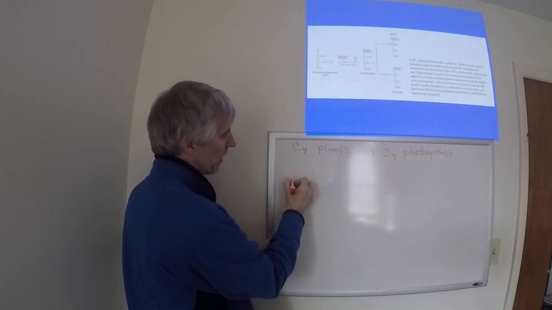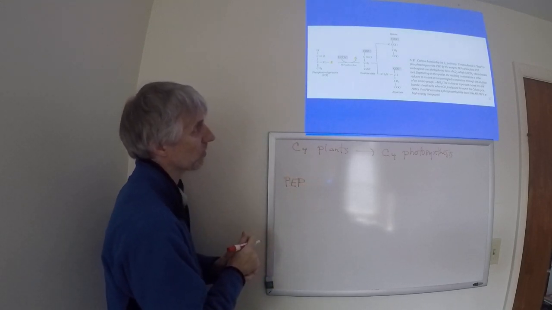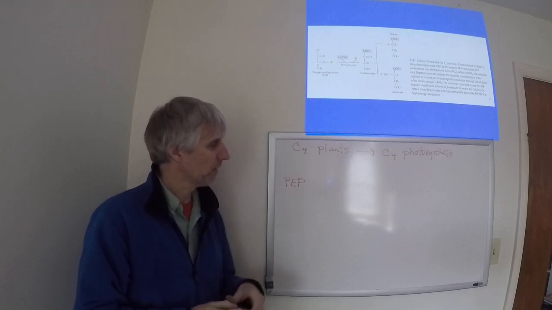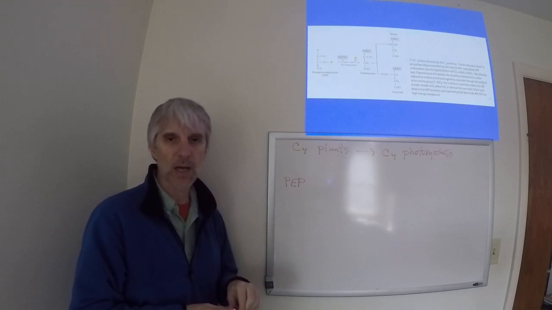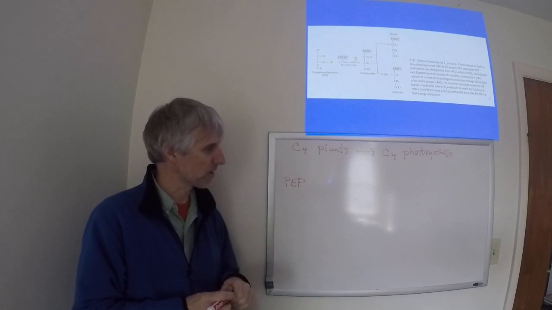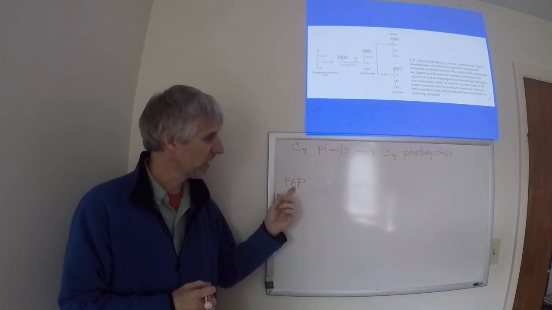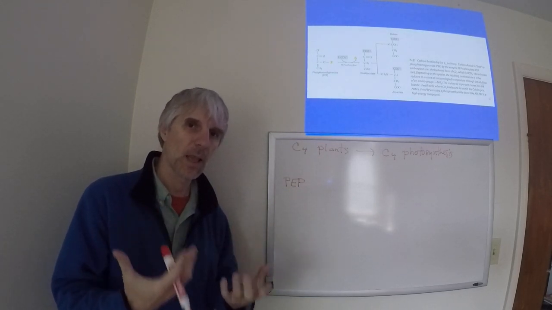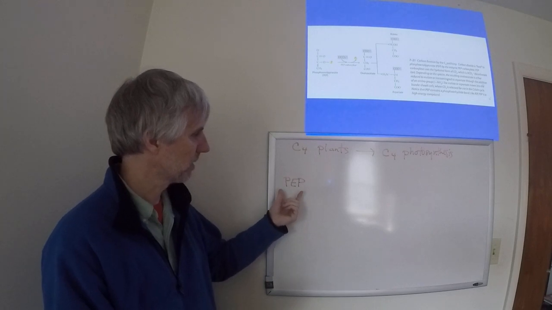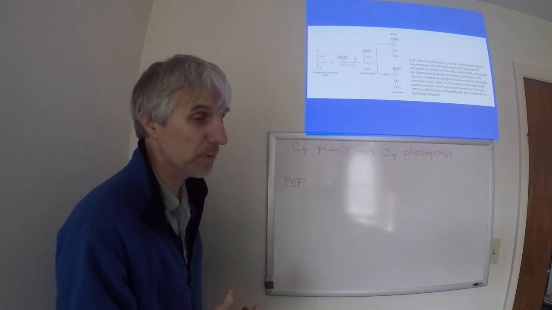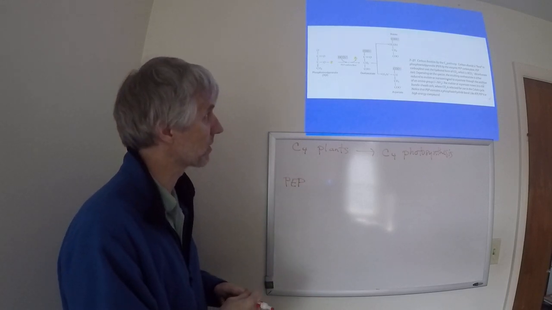The C4 plants start with a molecule called PEP, phosphoenolpyruvate. You may remember PEP from glycolysis, maybe not, but it is one of the molecules that occurs in glycolysis, and in fact, if you convert PEP to pyruvate, you're talking about the last step in glycolysis. So there's this PEP molecule that's hanging around in plants, probably because it's produced in glycolysis.